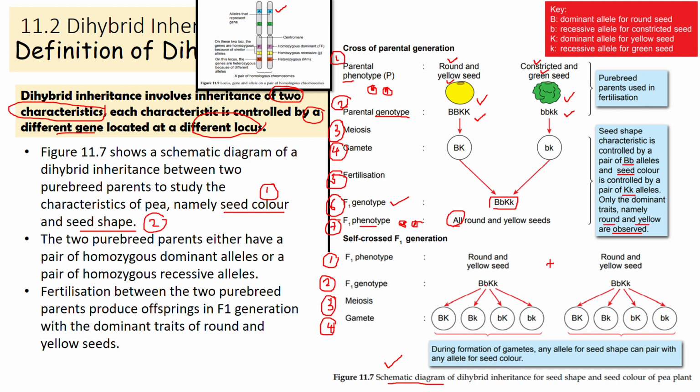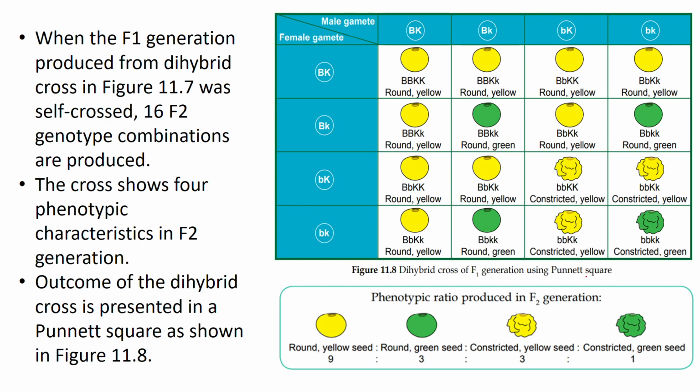So these are the possibilities of gametes that are formed. During formation of gametes, any allele for seed shape can pair with any allele for seed color. So that's why you have this combination. Okay, move on.